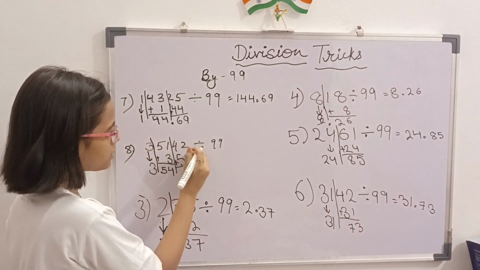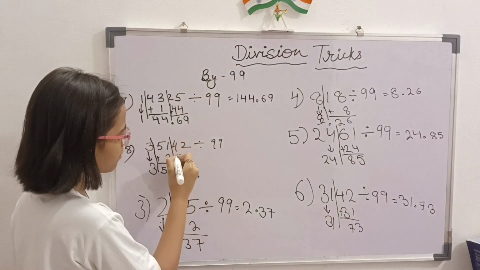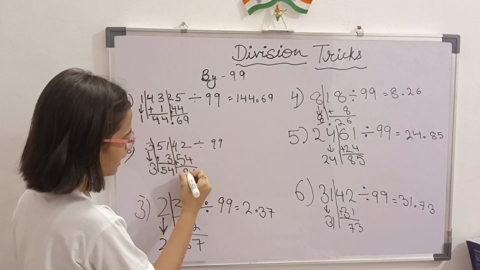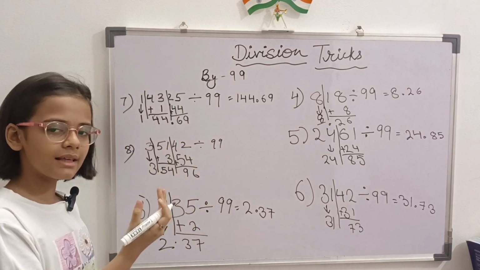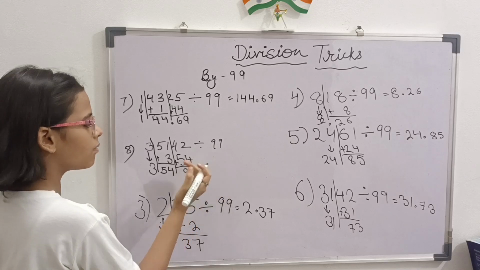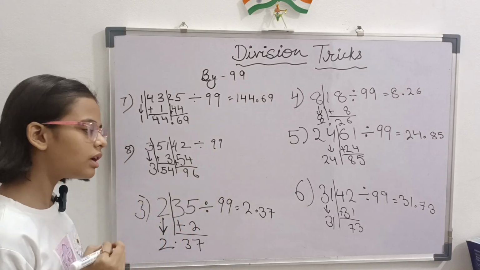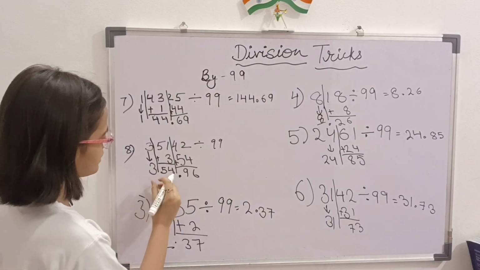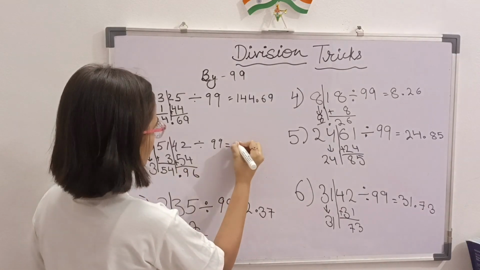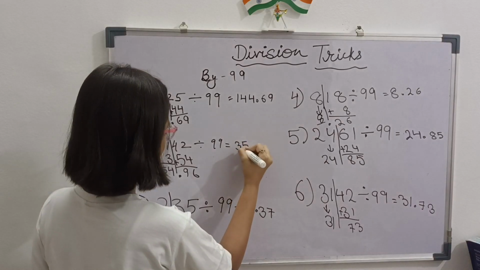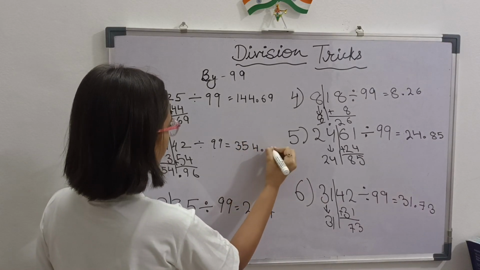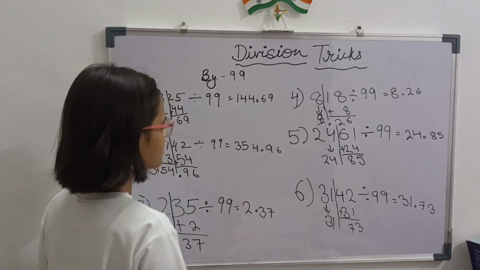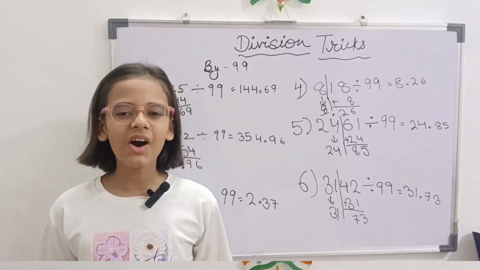Then we get 4 plus 2, 6, and 5 plus 4, 9. And we add a decimal after leaving two digits from the back because 99 is a two-digit number. Then our answer is 354.96.